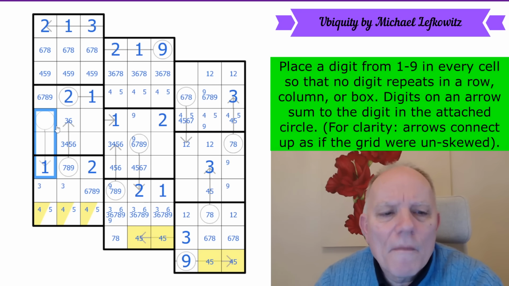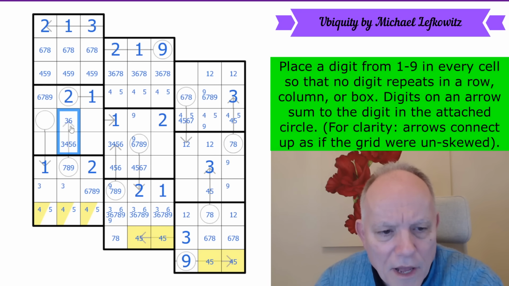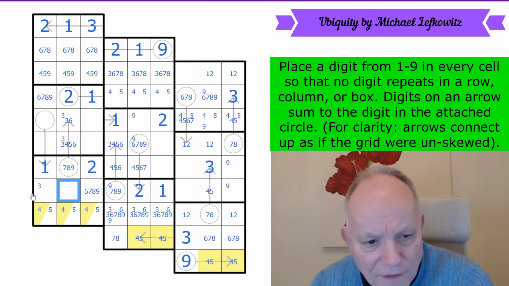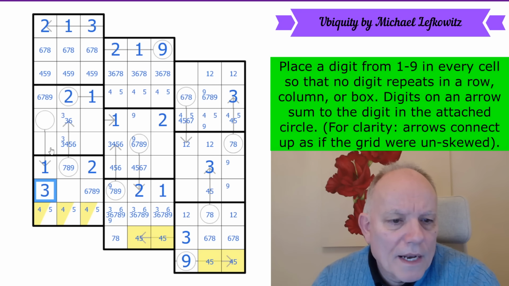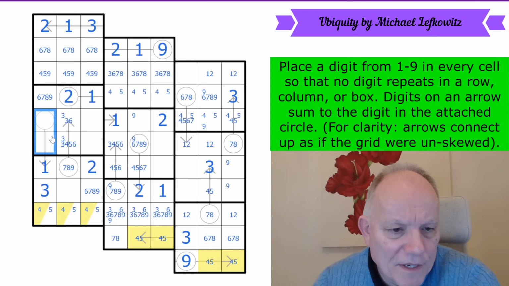Oh, 3 can't be off this arrow because it's not able to be a 4, 5 arrow. So 3 has to be on that arrow. And then this is not 3 and this is 3. And now this can't have a 3 on it, obviously.